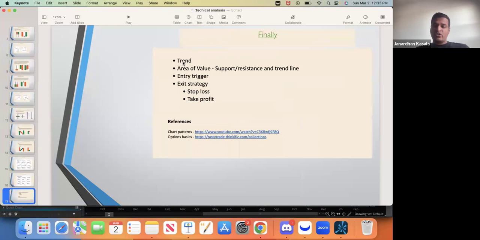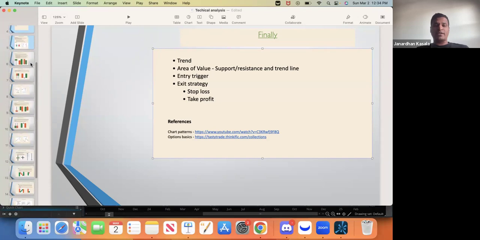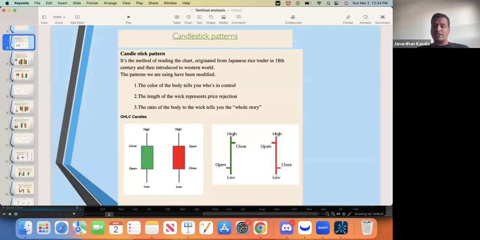When you're looking at a chart, it's all about identifying the trend. What is the trend? Once you identify the trend, then the area of value, where the support and resistance are, where to enter, where to exit, stop loss, take profit. That's the whole point of reading this chart.